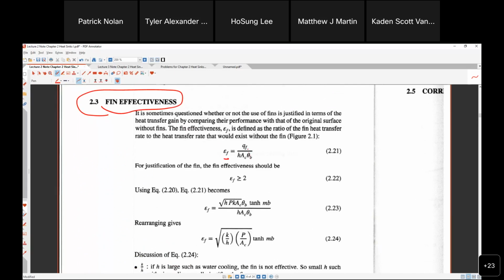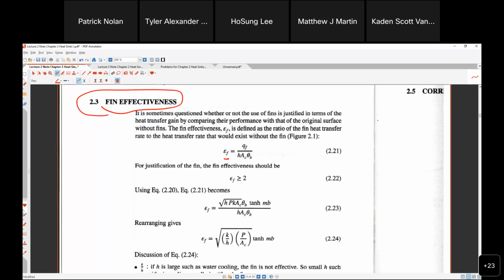is the actual heat transfer over the heat transfer at the base without the fin.